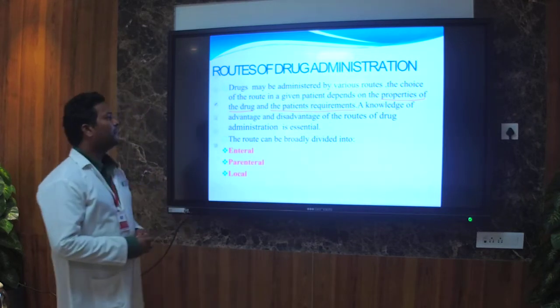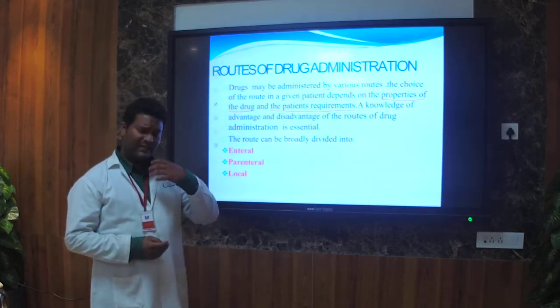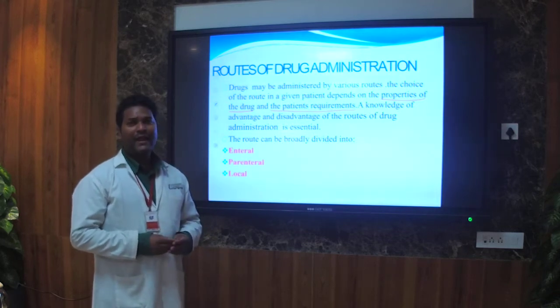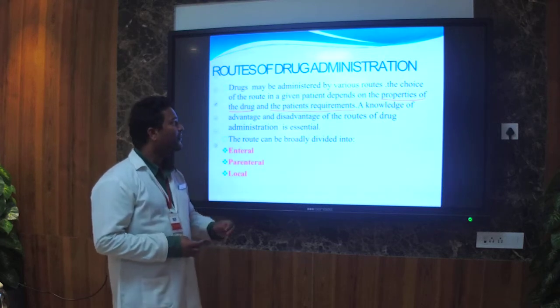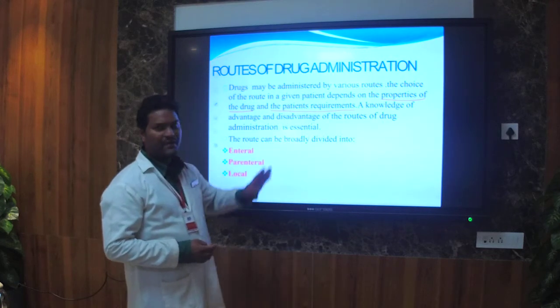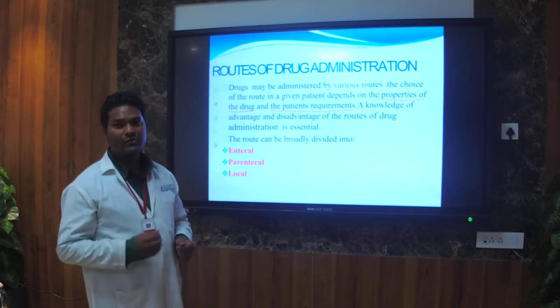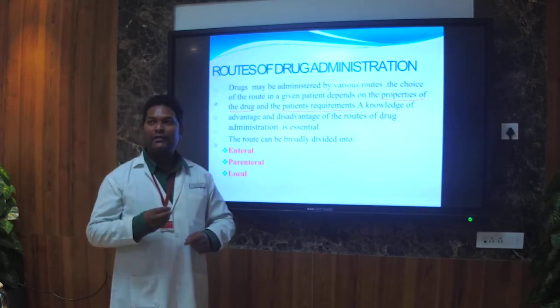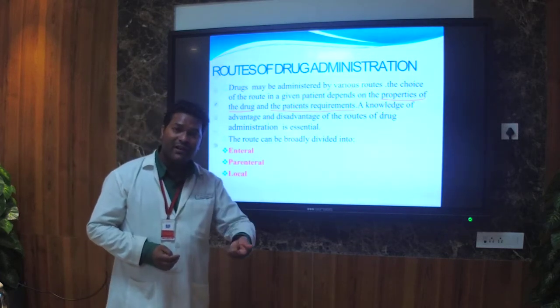Say for example, if a patient has a gastrointestinal problem and we want to administer a drug. So we need to consider the patient's requirements or the properties of the drug, whether the drug is water soluble, whether the drug has properties of dissolving with another chemical.